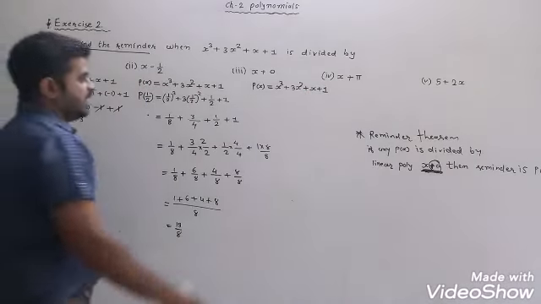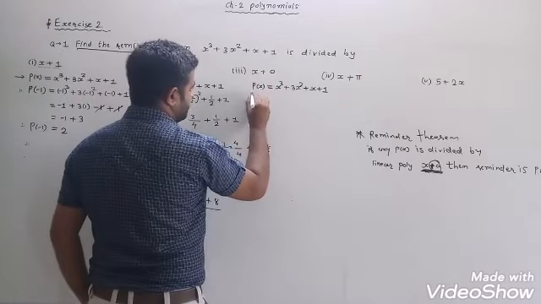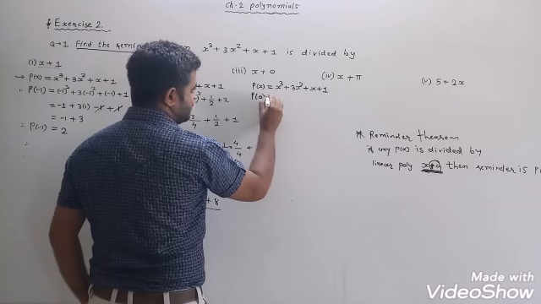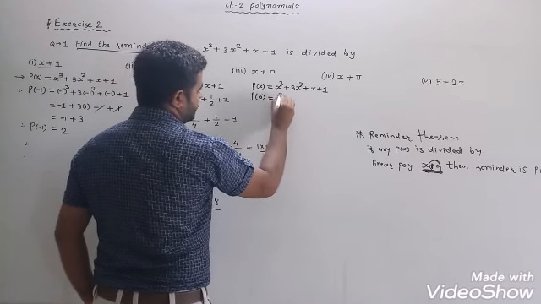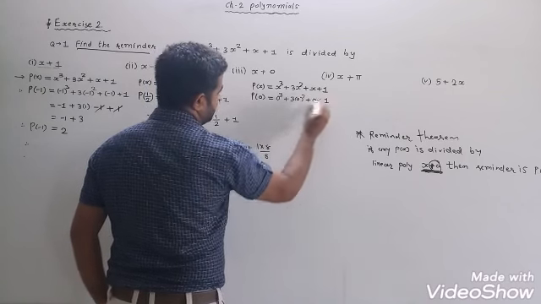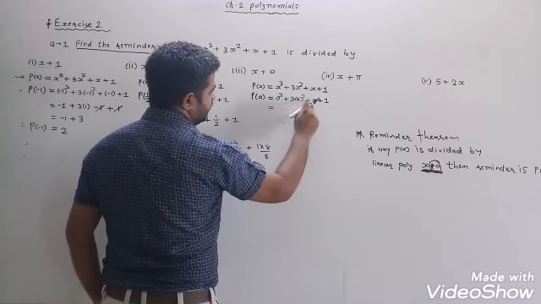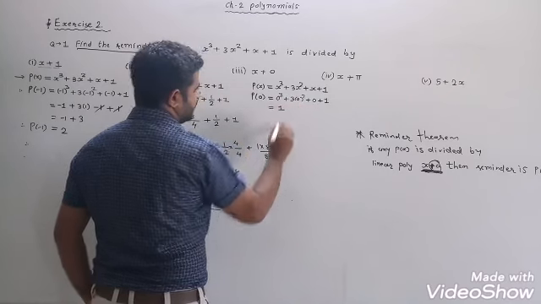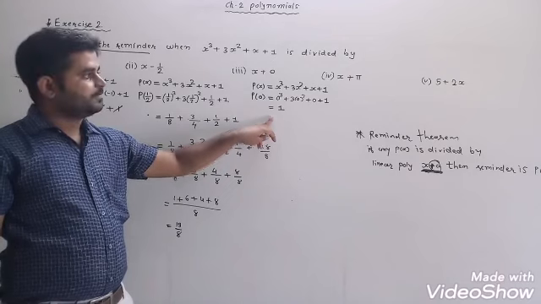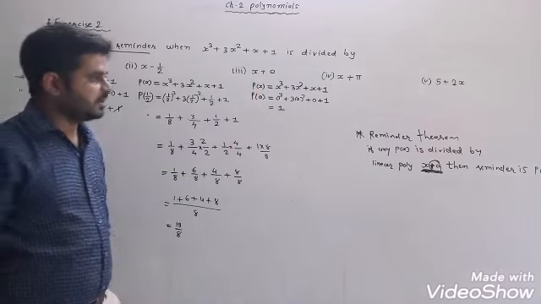Now I have to put the value of x: plus 0 or minus 0, there is no change, only 0. So 0 cube plus 3 into 0 square plus 0 plus 1. So 0 plus 0 plus 0 plus 1. So p of 0 is equal to 1. So 1 is the remainder. Okay, this is a very simple question.